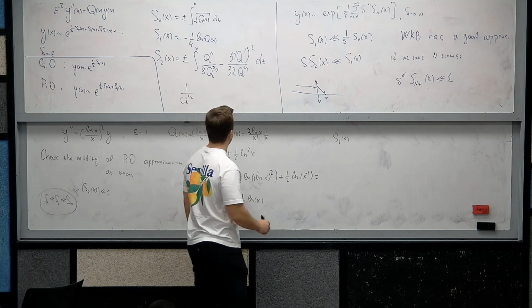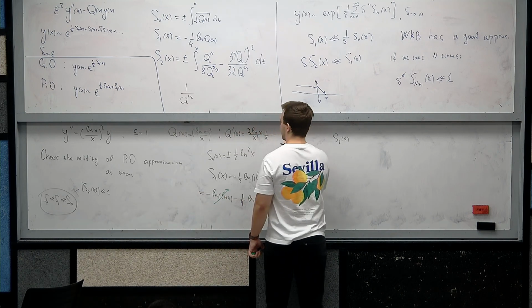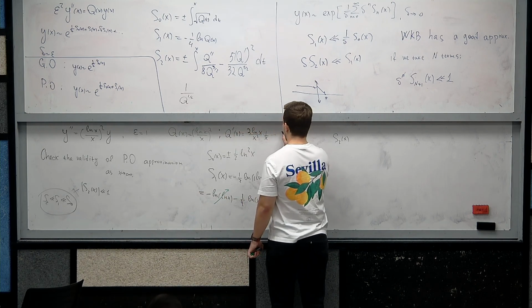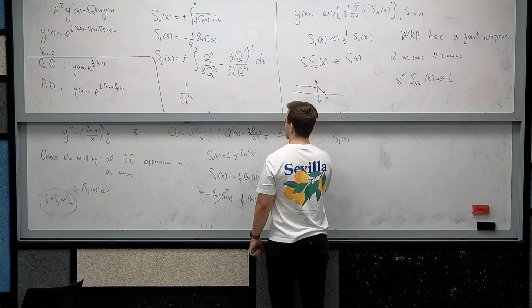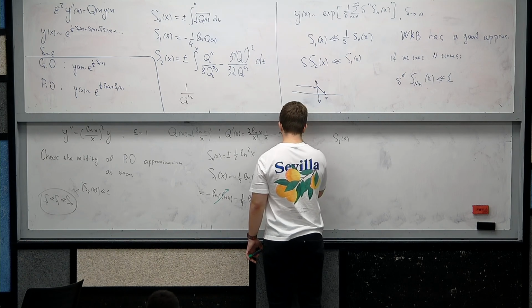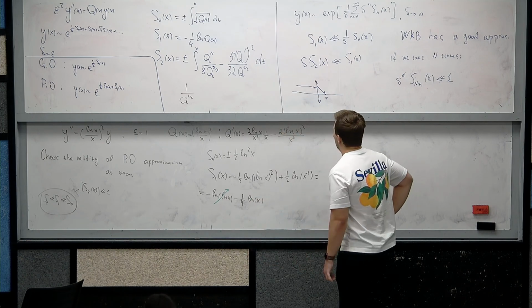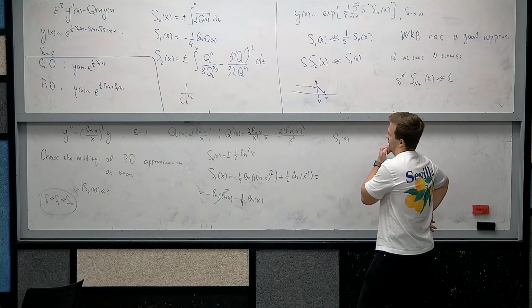Okay, then minus 2 ln x squared divided by x cubed. I think I did it right.